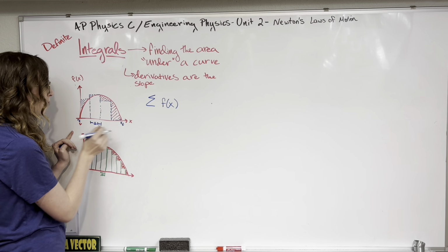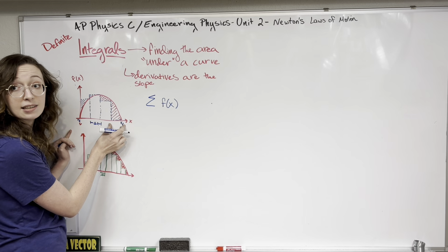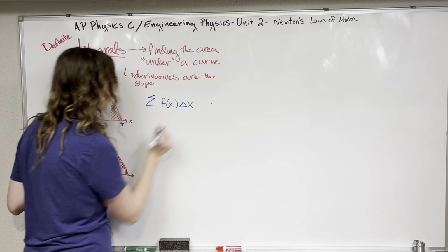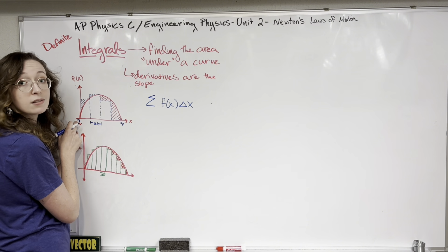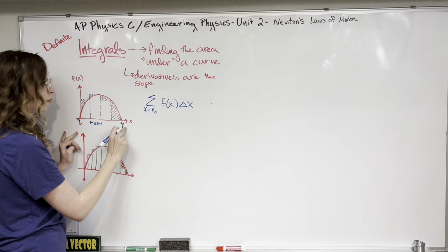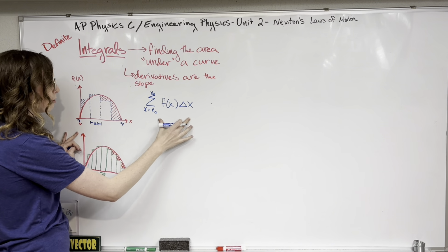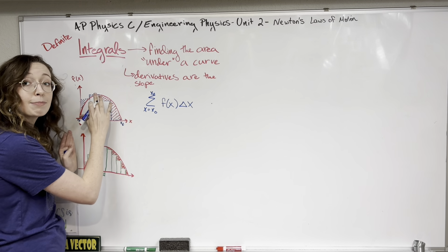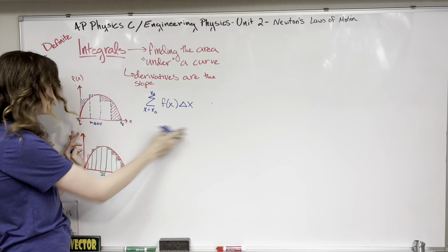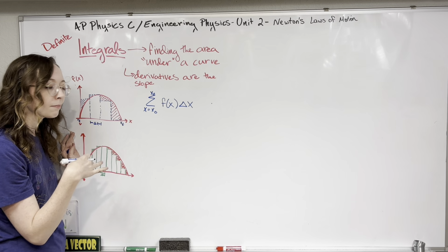The width of my rectangles is how far I'm jumping forward on my x-axis every time I draw a rectangle, so that would just be delta x. My first rectangle starts at x naught, so x equals x naught, and my last rectangle ends at x final. So I could represent calculating and adding up the area of all of my rectangles here with this little sum. But it's just base times height, done a bunch of times and added together.